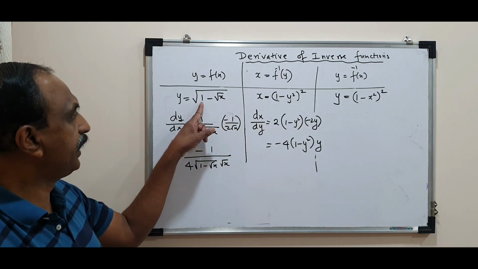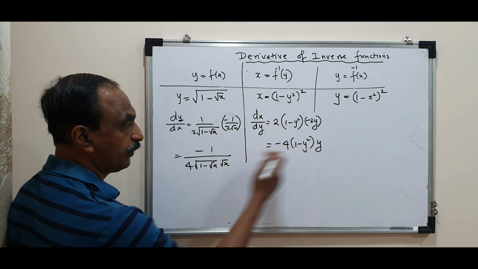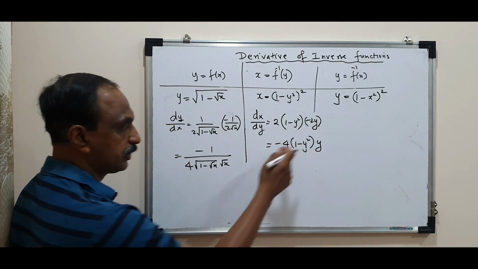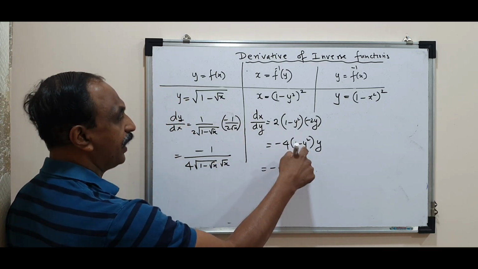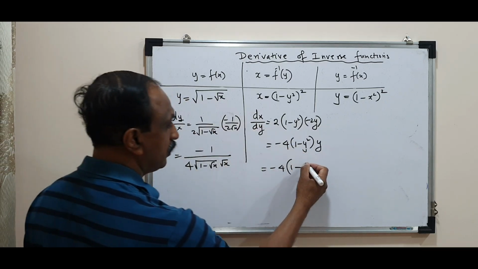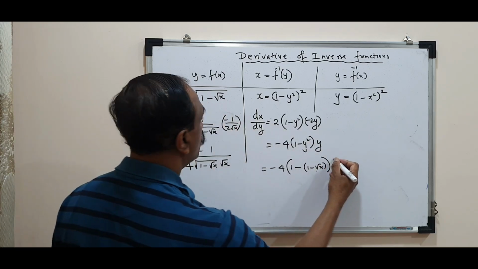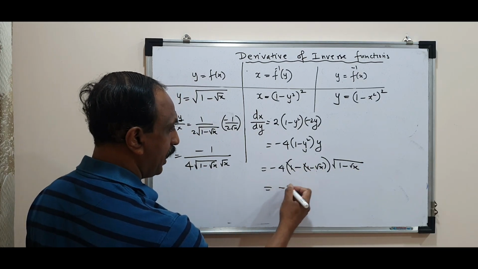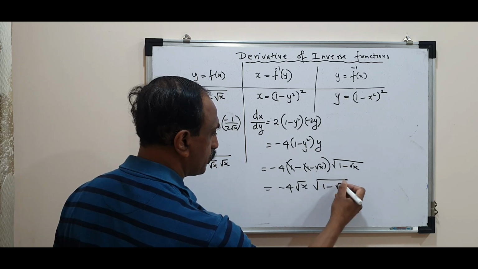Now you know that y is the root of 1 minus root x. Since I want to compare both of them, either I have to make everything in y or everything in x. So let me make everything in x. Minus 4 into 1 minus y square, if you square this, 1 minus root x, y root of 1 minus root x. So this will become minus 4 root x into root of 1 minus root x.